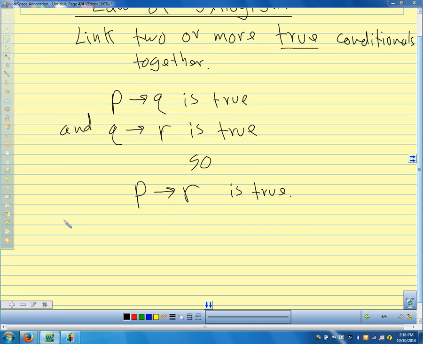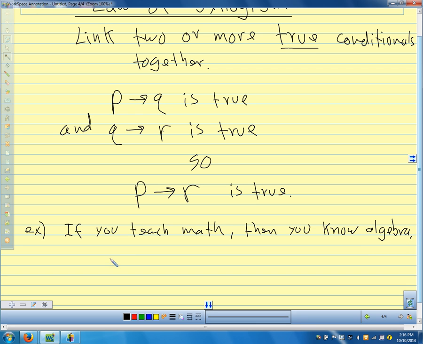So an example of that would be, if you teach math, then you know algebra. If you know algebra, you can factor.